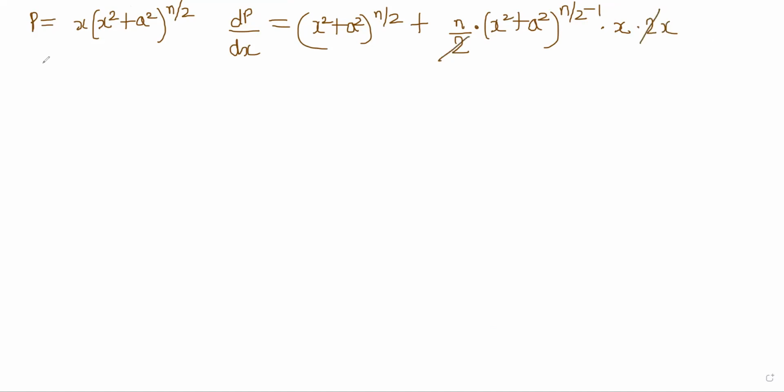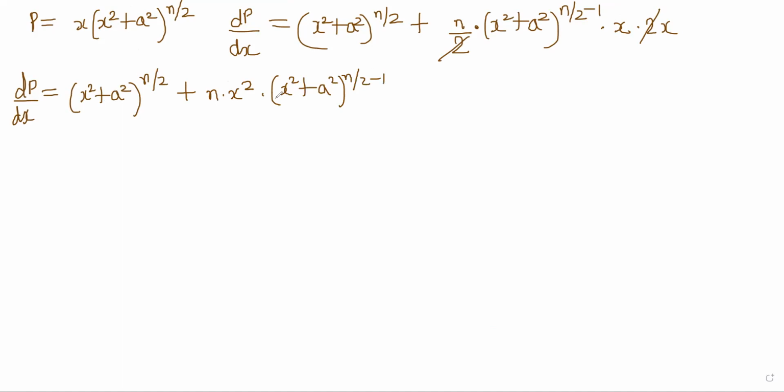So you get this thing. So your dP/dx is becoming equal to (x² + a²)^(n/2) plus n times x² multiplied by (x² + a²)^(n/2 − 1). And this thing we can write as (x² + a²)^(n/2) plus n times (x² + a² − a²), right?